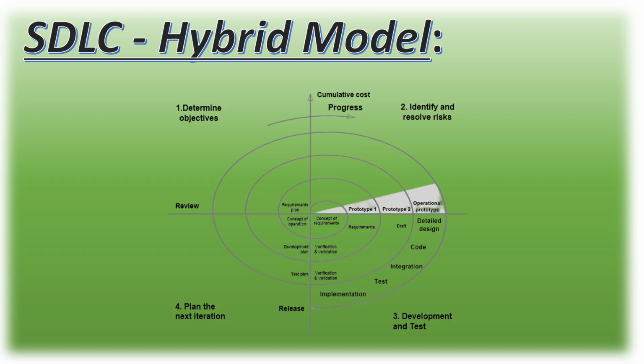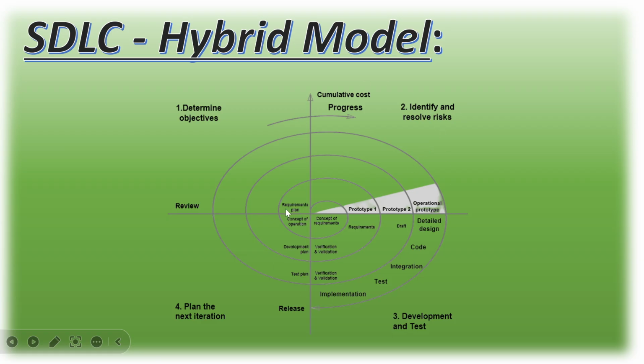All right, so next we'll go for the hybrid model. The hybrid model is the combination of spiral and prototype model. As per the diagram, here is the prototype in one phase, and after that we'll be doing all the other phases.